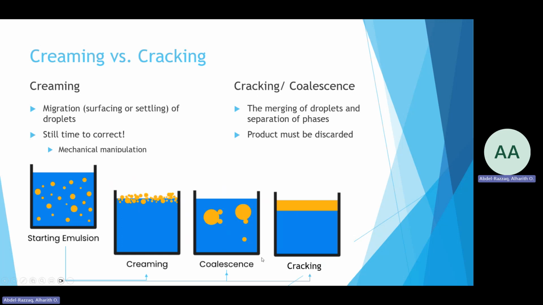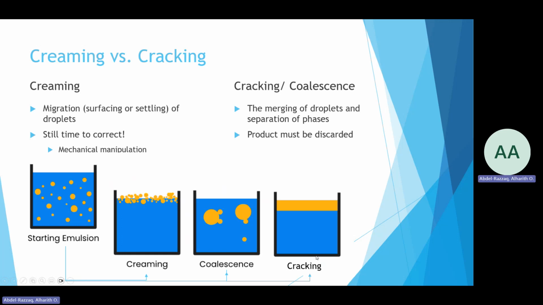But when we have cracking or coalescing, so we have cracking, which is the merging of droplets and separation of phases, or we have our coalescing, which is when droplets merge to one another and form larger droplets. The product must be discarded. If the density is more than the other phase, these will tend to sink to the bottom.